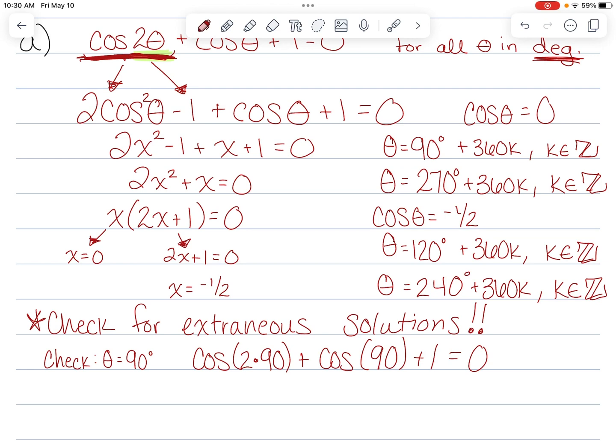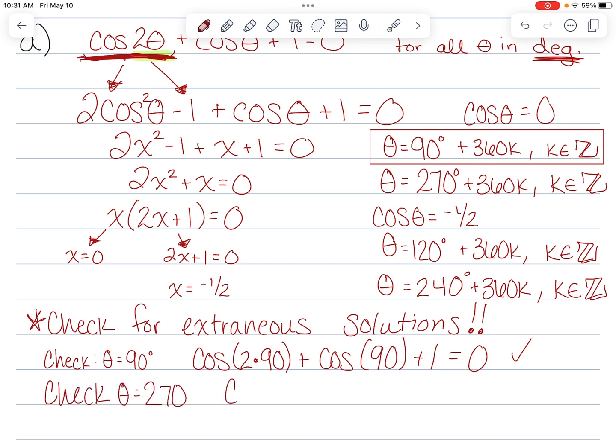In this case, since the right side's 0, they both have to be equal to 0. I just plug this into my calculator. Cosine 2 times 90, make sure that's in parentheses, plus cosine of 90 plus 1. It gives me 0. That one works. Therefore, this is a solution. And you just have to be careful to check all of them.